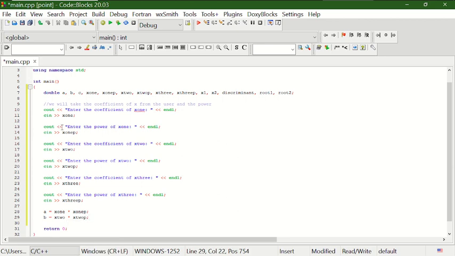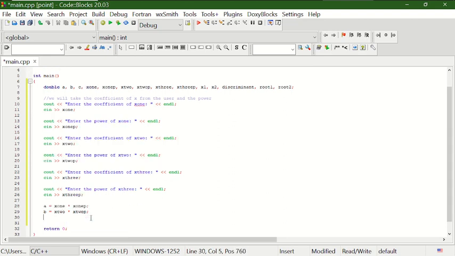Sorry, let's take the ones for the C in because it's what we want to multiply. So let's take the ones for the C in. X1 power C in. I want the C in variable.